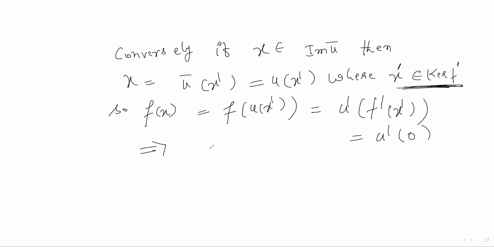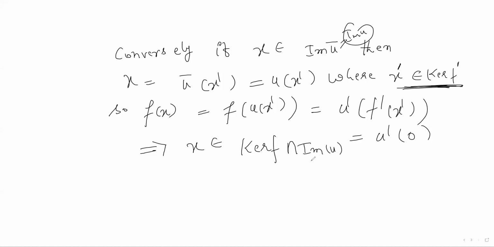This means x belongs to kernel of f. लेकिन x ऑलरेडी इमेज ऑफ u बार, तो इमेज ऑफ u के बराबर भी है on its domain. So therefore x belongs to kernel of f intersection image of u.